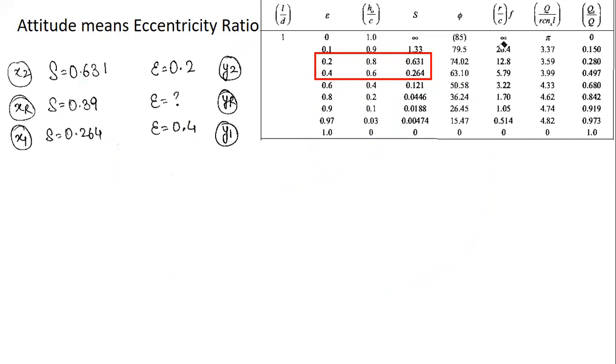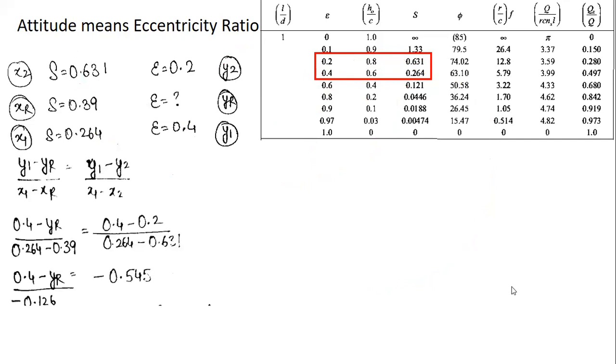Obviously, we are going to use the same formula for interpolation. Y1, 0.4. YR is unknown. X1, 0.264. XR, 0.39.